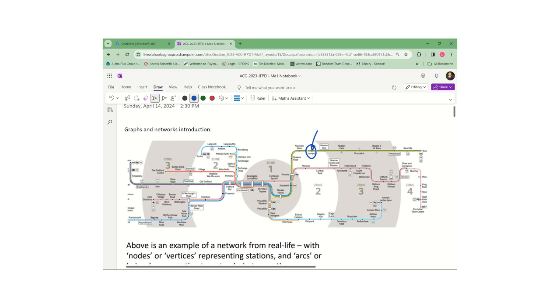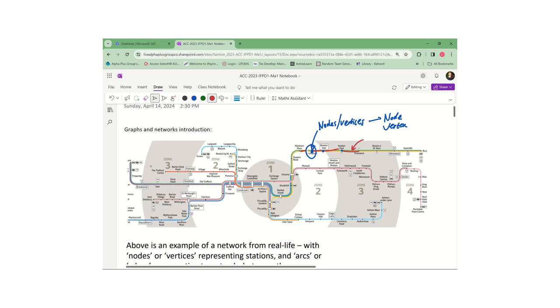and we call all of these stations, these dots, nodes, or vertices. That would be singular node and vertex for just one of them. And then we've got the paths that join up all of these nodes.